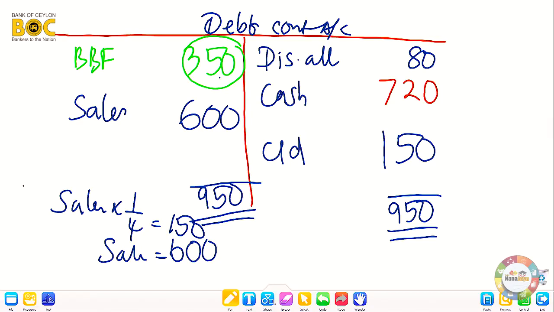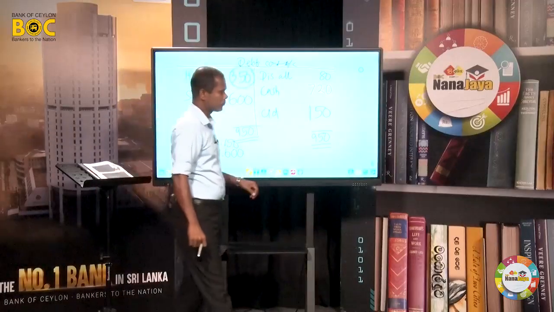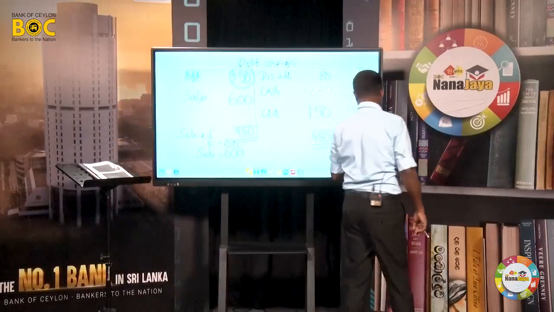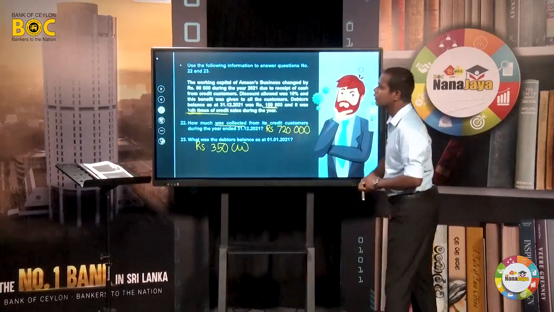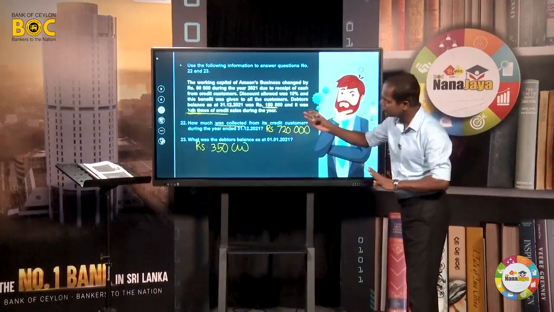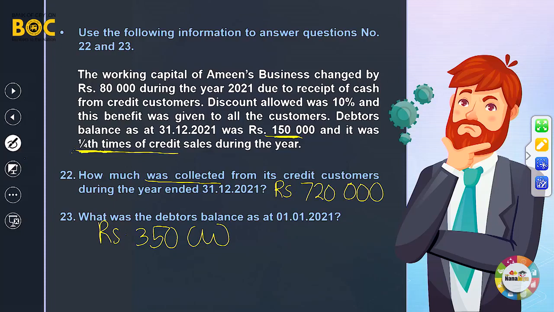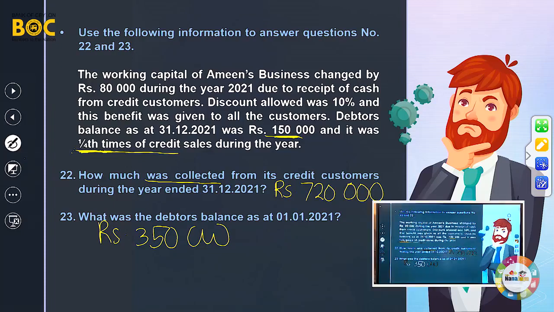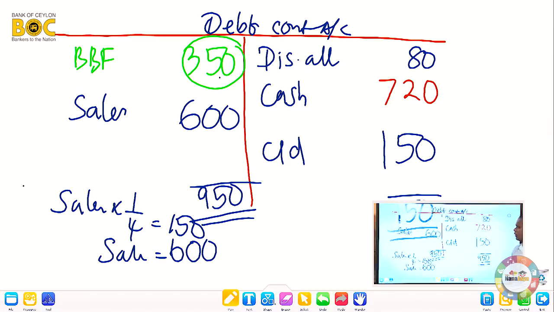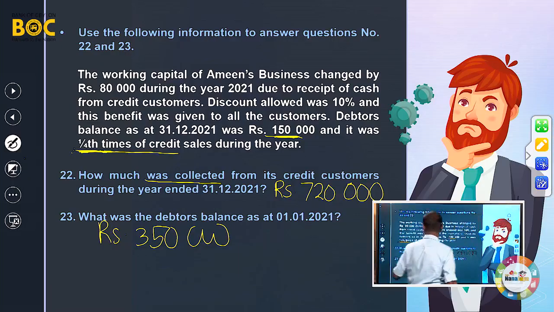Credit sales based on the closing balance, you can calculate your credit sales. And with that you can calculate the opening balance of debtors control account.